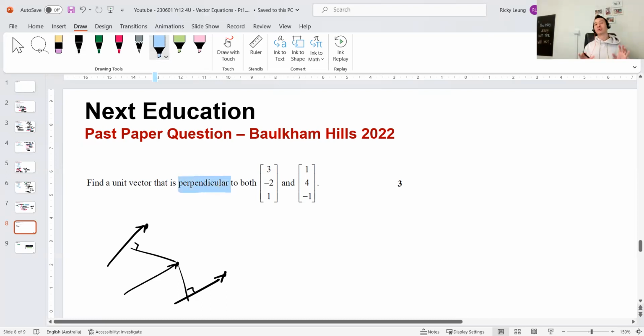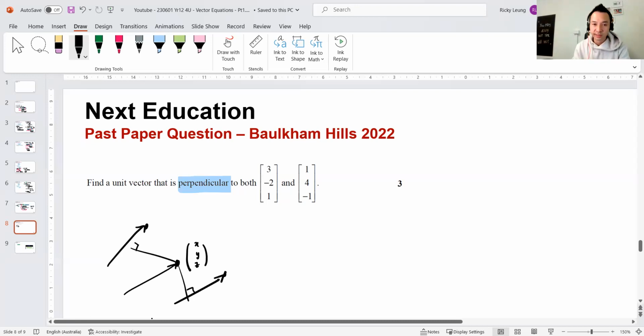With vectors, I always tell my students, 99% of the time we're dealing with dot product equals 0. So let's let the position vector of the point that I want be x, y, z. I don't know what it is, and I know that the dot product between this and both points is 0.